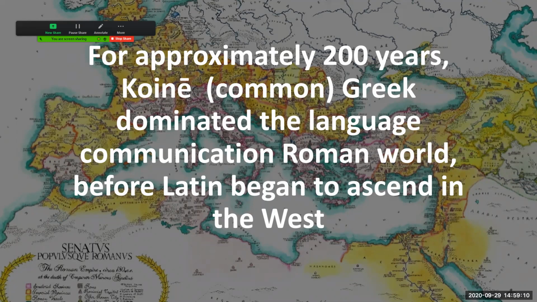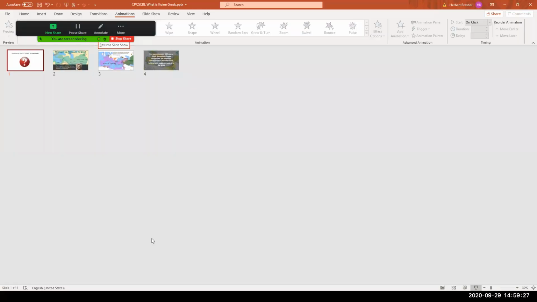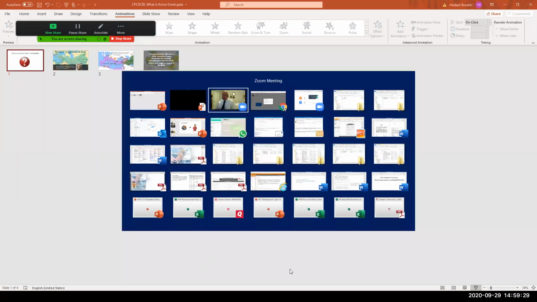In the East, they maintained Greek. In the West, they didn't. So that's just a little background about this language and why we refer to it as Koine Greek, Common Greek.